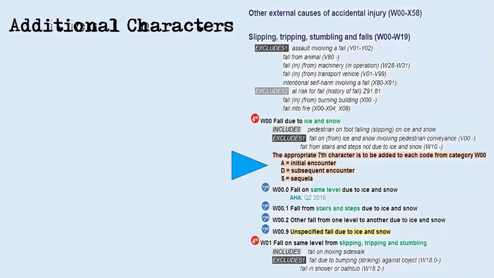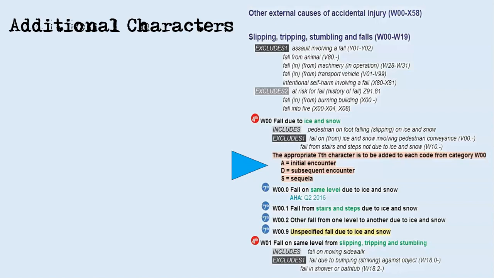Now, we will discuss the alpha character after the X placeholder is added. Let's note initial versus subsequent encounter. The letter A should be used with injury codes when the patient is receiving active treatment. As an example, the patient is seen in the physician's office for the first time.